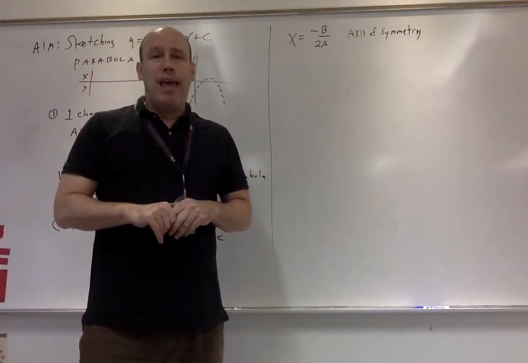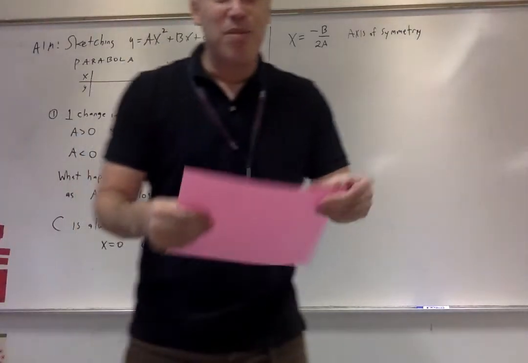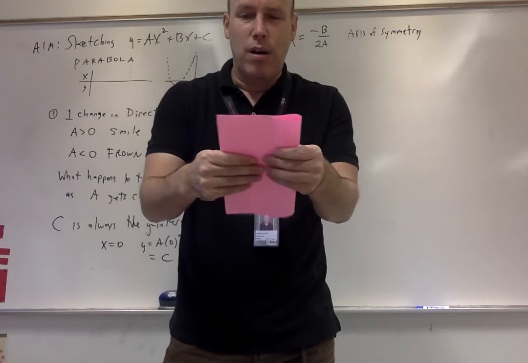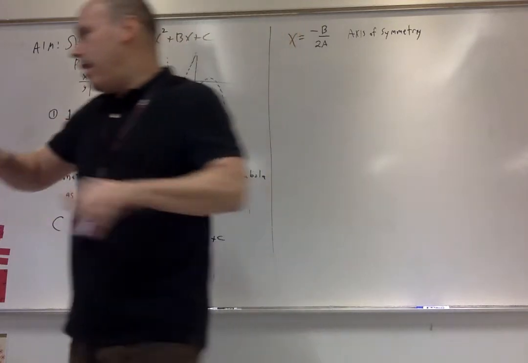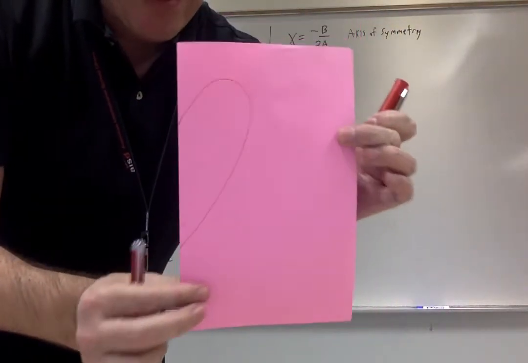I'll show you actually. This is the idea. I got a piece of paper, and then you draw half a heart on it. This is how they make hearts for Valentine's Day.